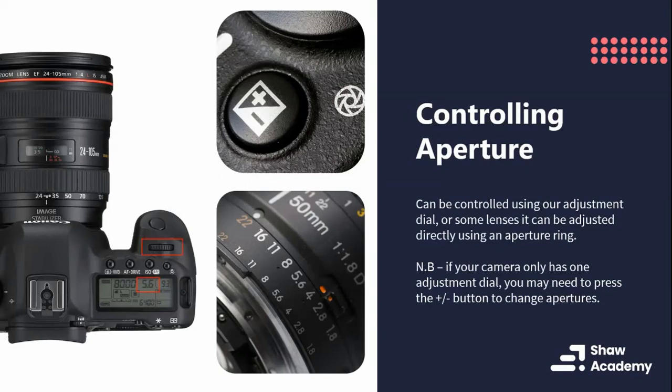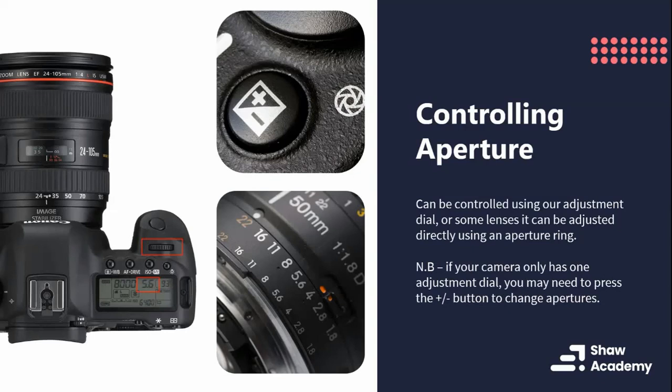You'll have to press that and hold it down to adjust your aperture. Or with older lenses, and indeed with cine lenses, you'll be adjusting the aperture directly via the lens itself. So as you can see here with our 50mm 1.8, we have all the different aperture numbers available to us, and we would be physically changing it by rotating the aperture ring on the lens itself.